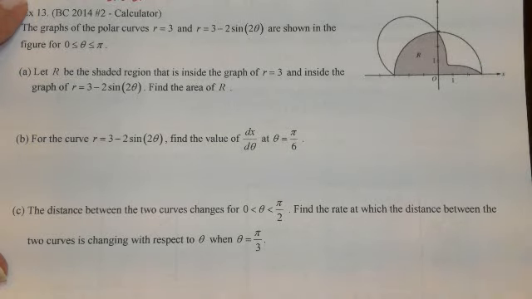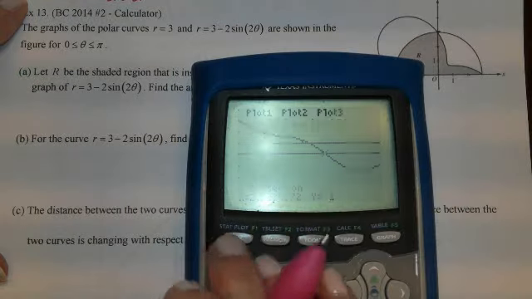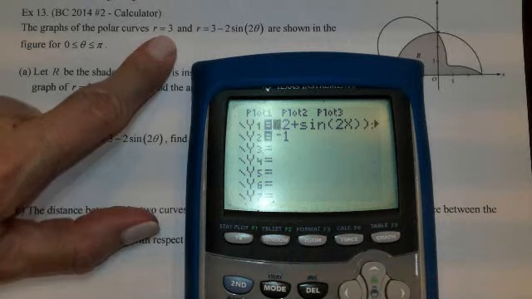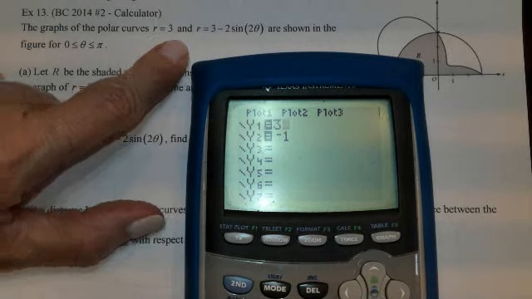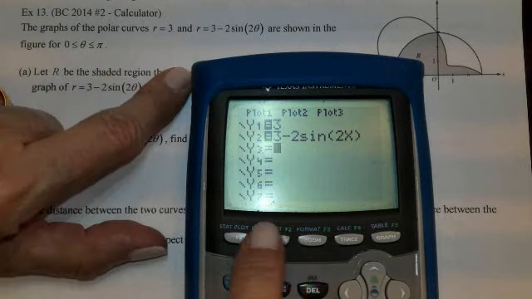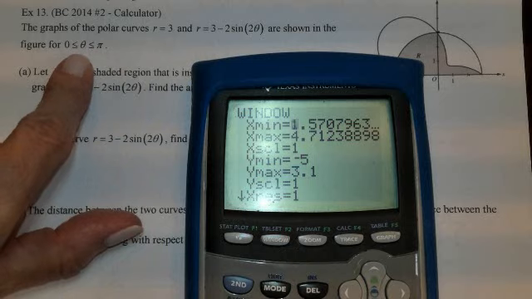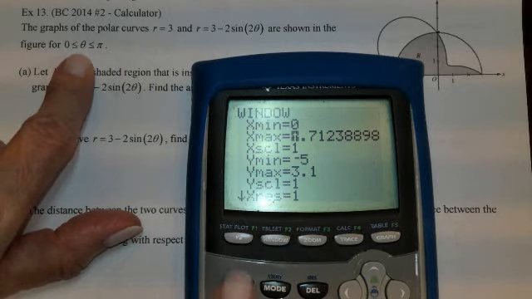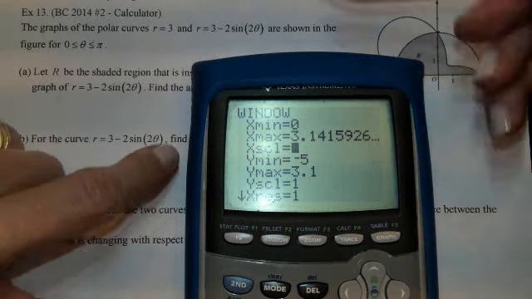Let's confirm that that actually is pi over 2, and it doesn't just look like pi over 2. So if we take these two and set them equal to each other, and in my window I'm going to go between 0 and pi. What's the most this could be?